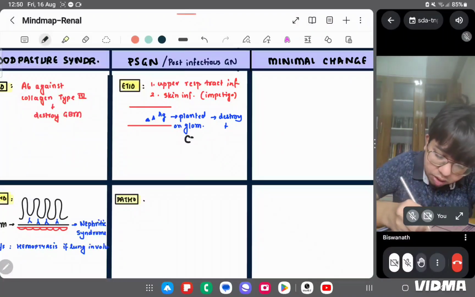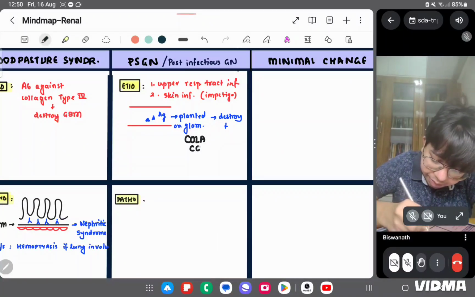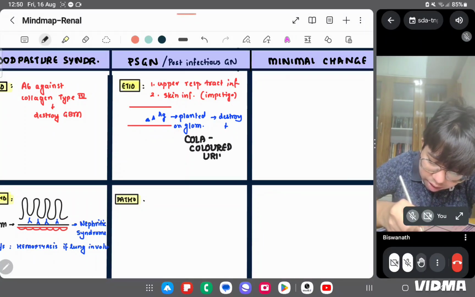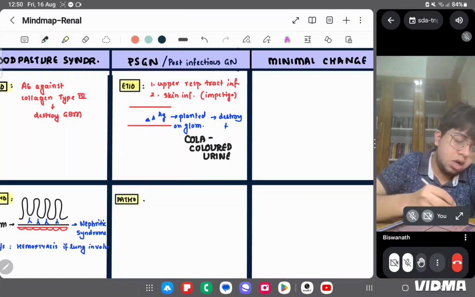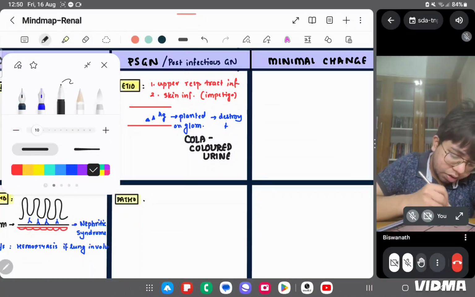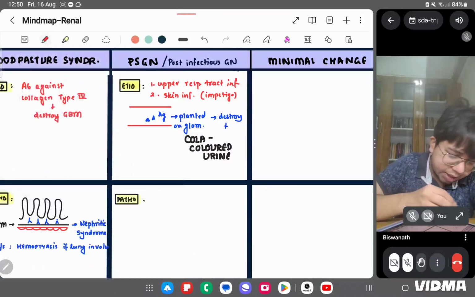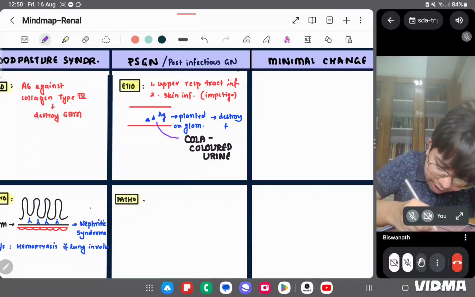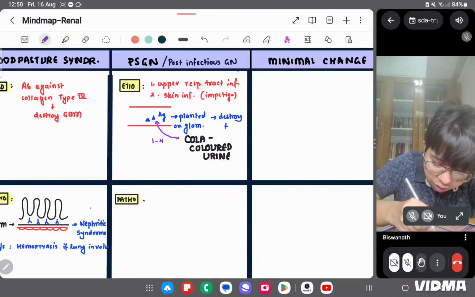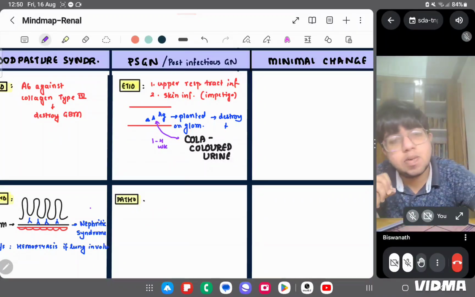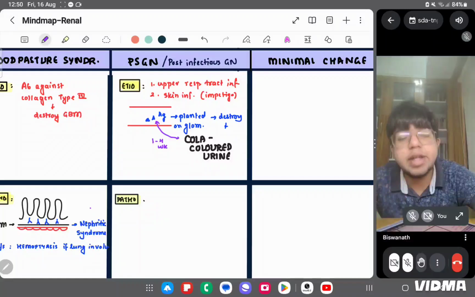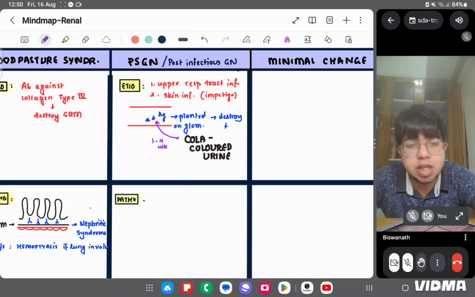This is important, so remember, cola colored urine. The appearance of this cola colored urine takes some time, a lag period of 1 to 4 weeks. That's why after 1 to 4 weeks of infection, there will be this production.